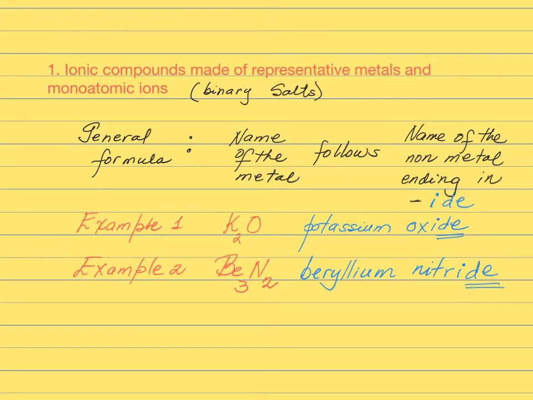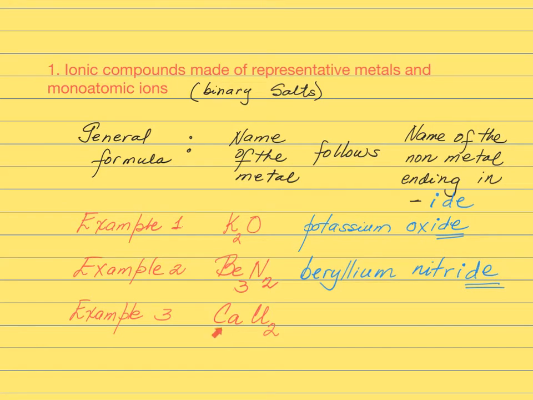Okay? Let me see if I can find another example. This first type of ionic compound is the simplest one, because you don't have to worry about oxidation number, and you don't have to worry about the name of the polyatomic ion. So one more time, you're going to analyze.